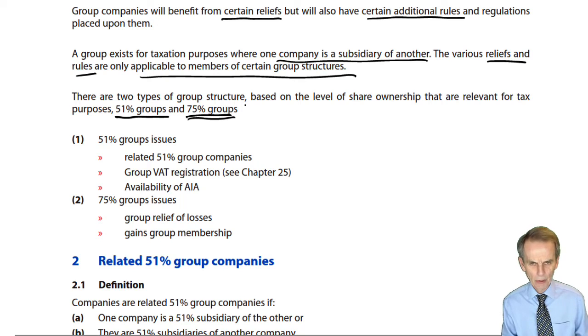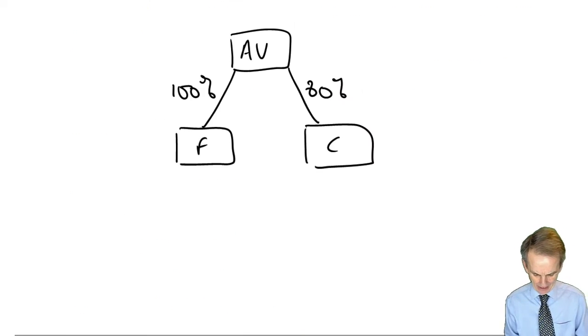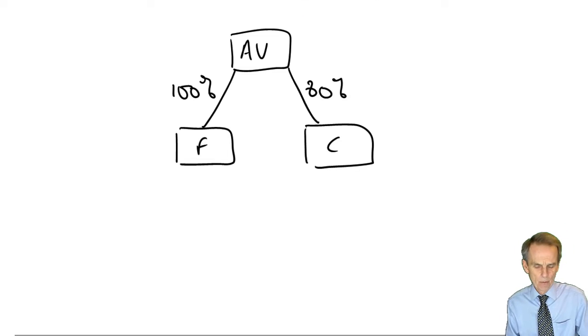We have two members of the same group. Now, let's just have a little diagram here of a very basic group structure. We have our favourite group of companies, the AV group of companies, with two subsidiaries, Company F and Company C. We have AVFC in terms of our particular group.